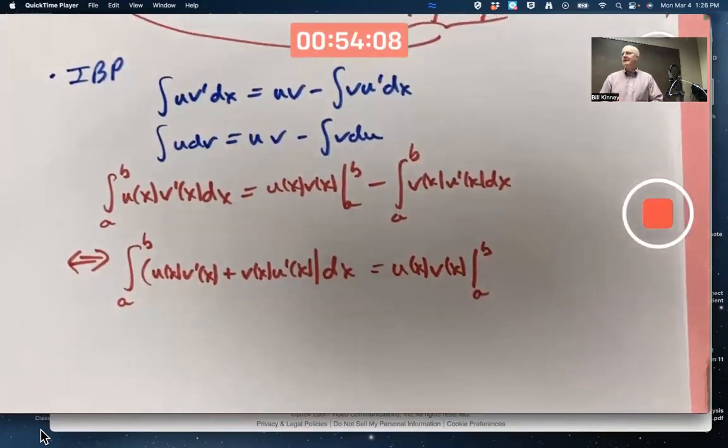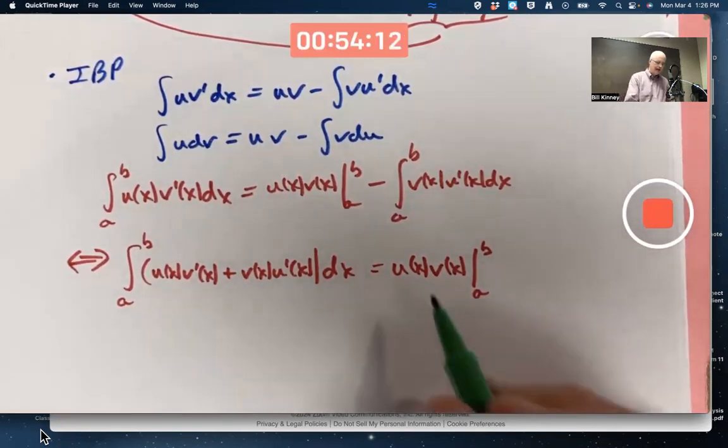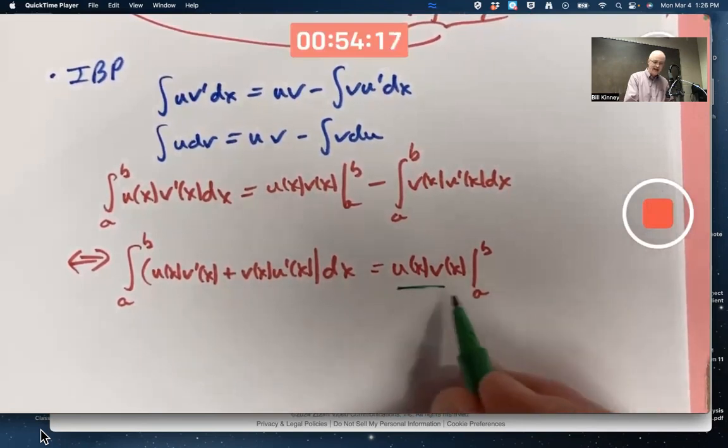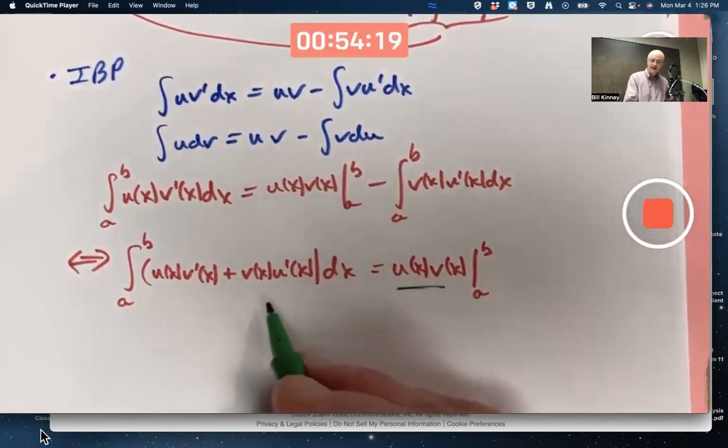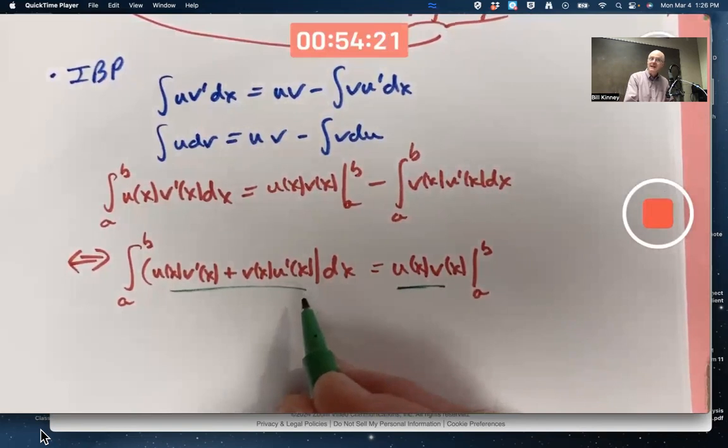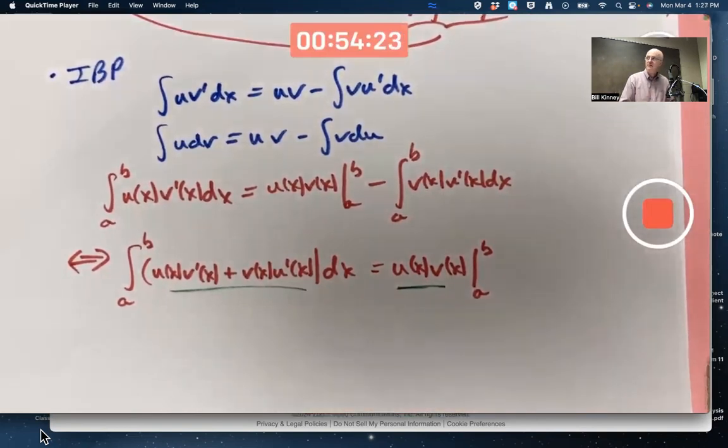But why would that be the case? Am I using the FTC here? Is that an antiderivative of this? The answer is yes, by the product rule. Substitution reverses the chain rule.